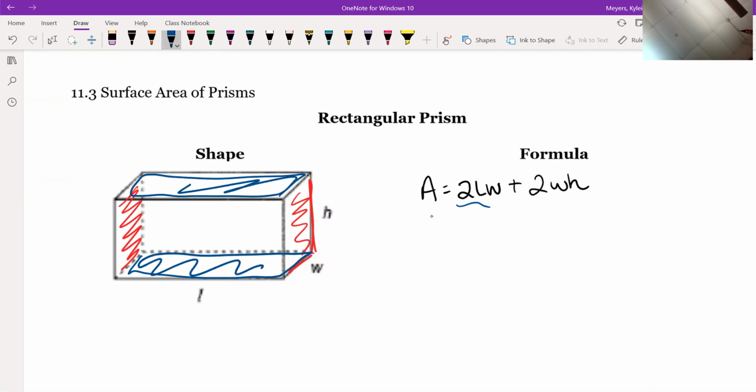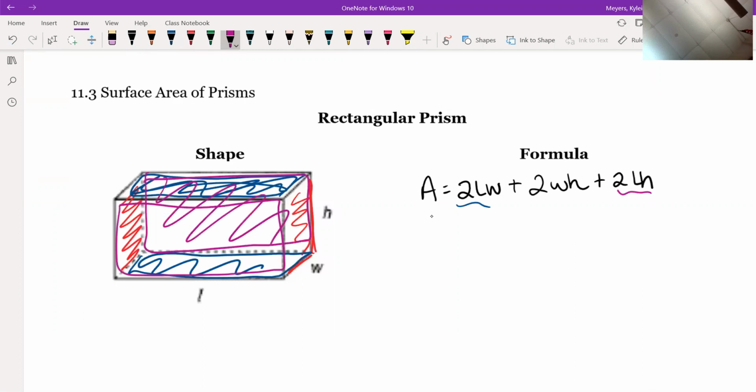And it's times 2 because there are 2 pieces of it, right? There are 2 left sides, 2 top sides. And then the last one is 2 length times height, and that's going to be these guys. Again, 2, because it kind of molds it together, okay? So hopefully that visually helped a little bit.